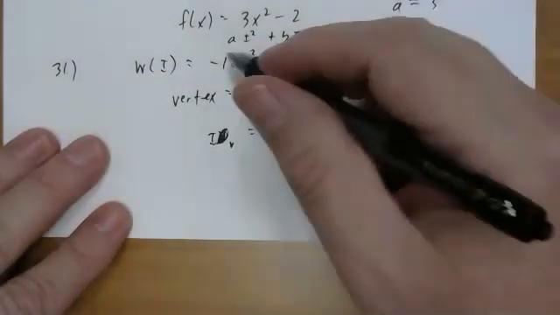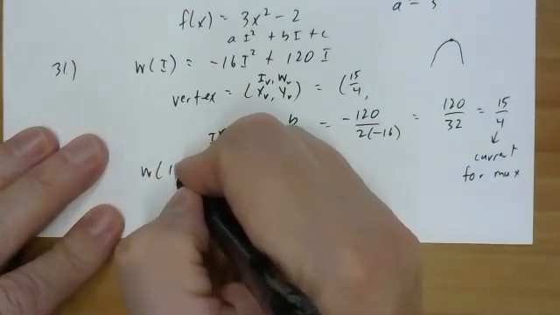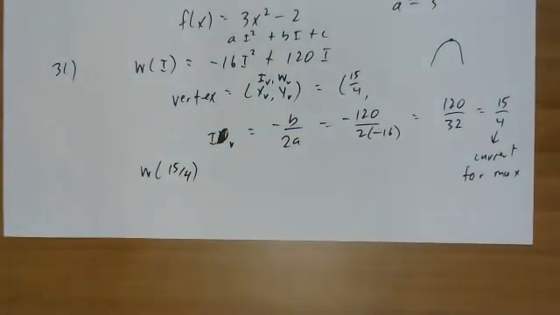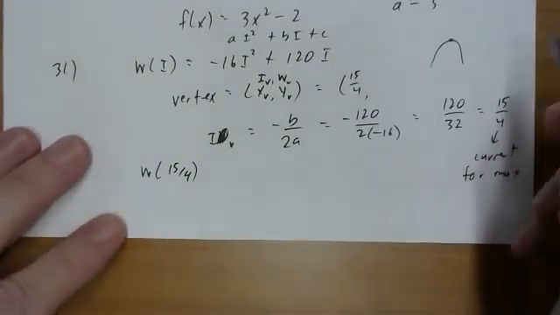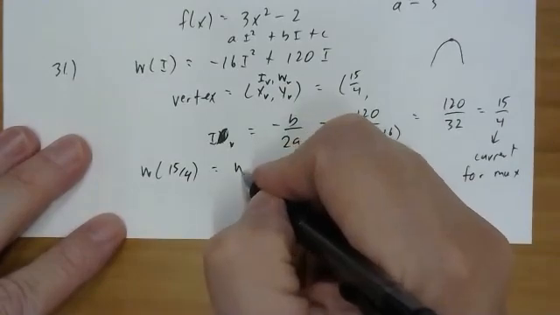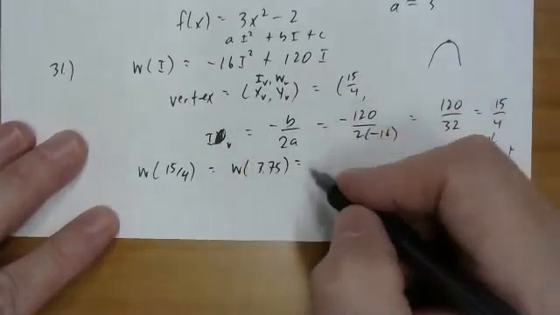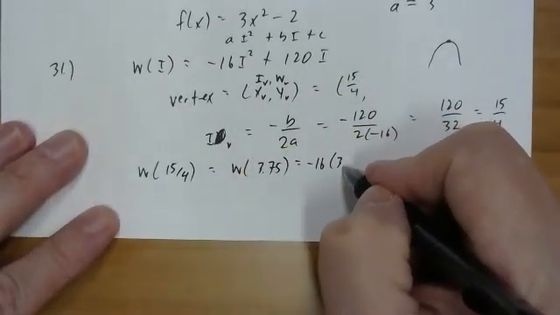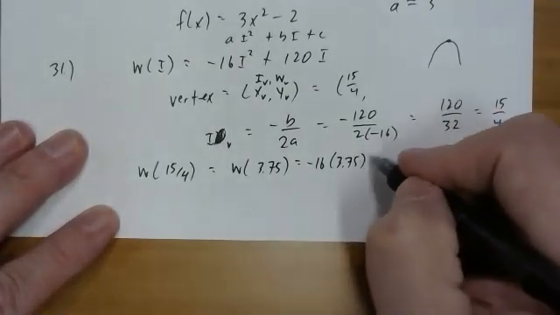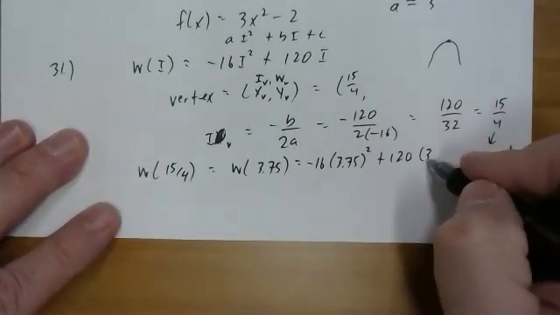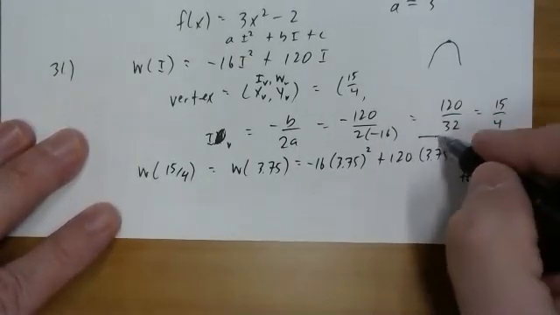We have to plug in 15 over 4. I'm going to check and make sure 15 over 4 is correct before I do all this work. 15 over 4, yeah, 3.75, that's correct. Or I can write it as 3.75. So I go back up here, negative 16 times 3.75 squared plus 120 times 3.75.